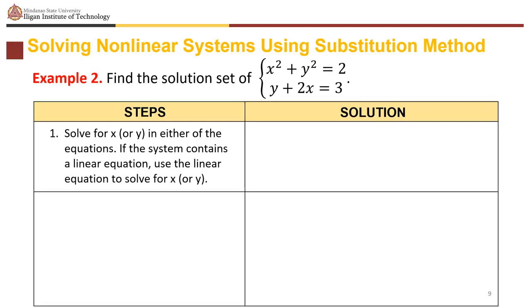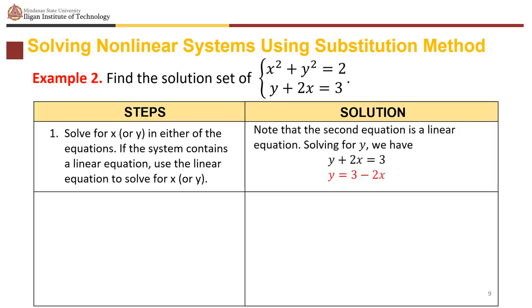Or if the system contains a linear equation, use the linear equation to solve for x or y. Note that the second equation is a linear equation, so from y plus 2x equal to 3, we can solve for y, which is equal to 3 minus 2x.